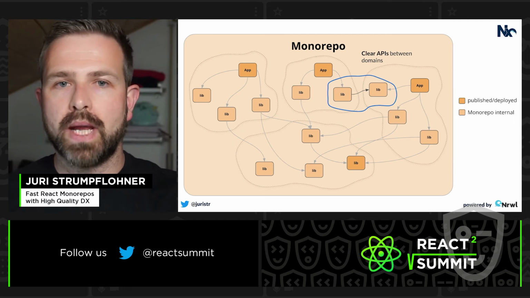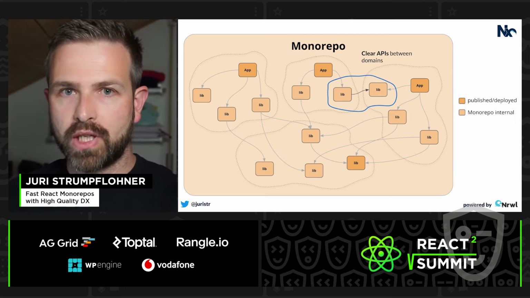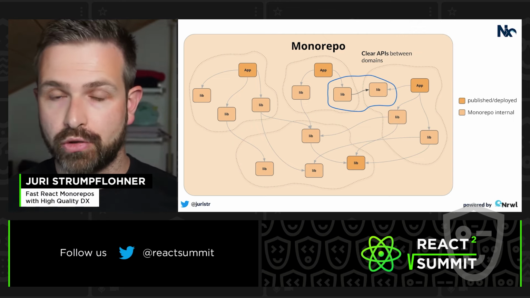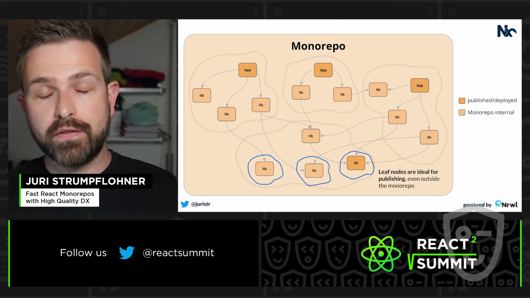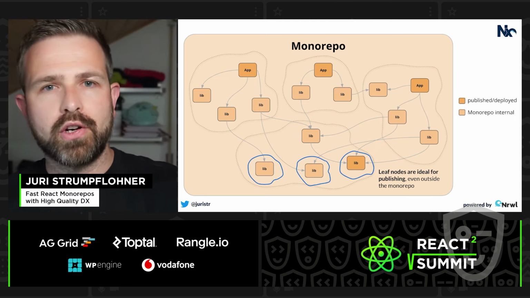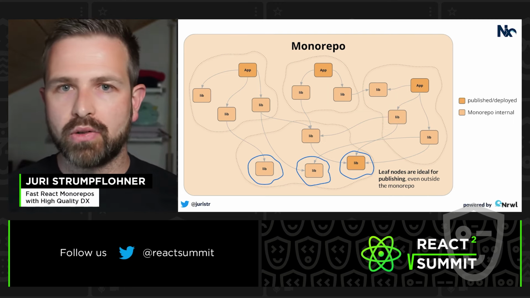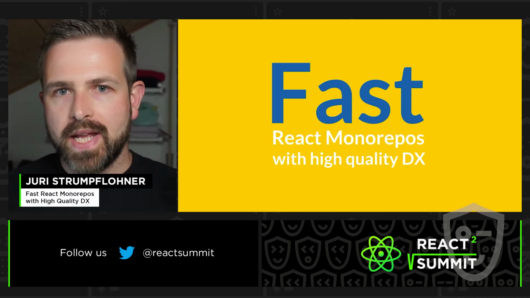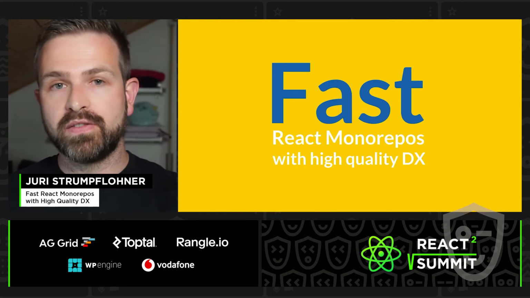For instance, the checkout domain might need utilities, be it UI utilities, but also communication utilities for the product part of the domains of your organization. And finally, as I mentioned before, you might even have those very leaf nodes, which are some very, very general purpose libraries, such as UI components, which you might also want to publish outside the monorepo, such that other repos can consume those.